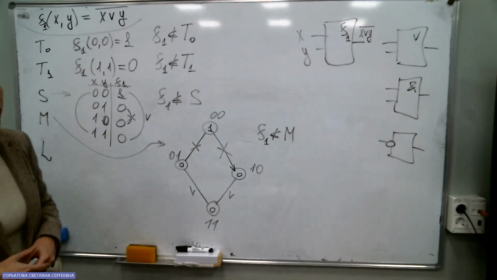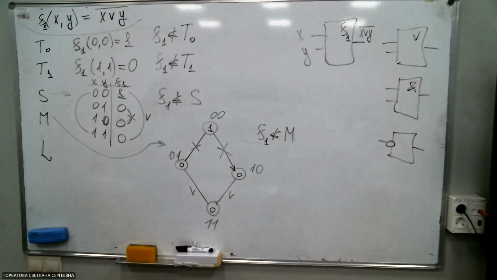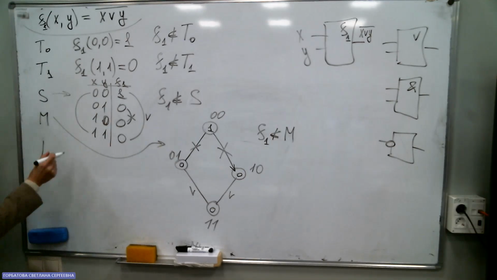And linear class. A function belongs to the linear class if it can be presented as a linear combination. We have two variables.